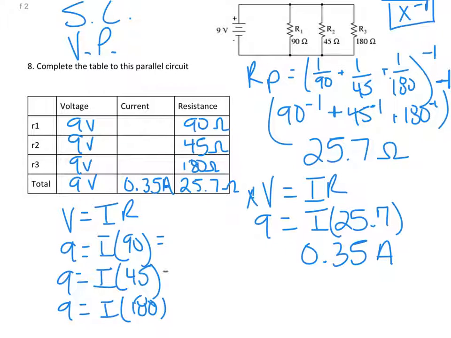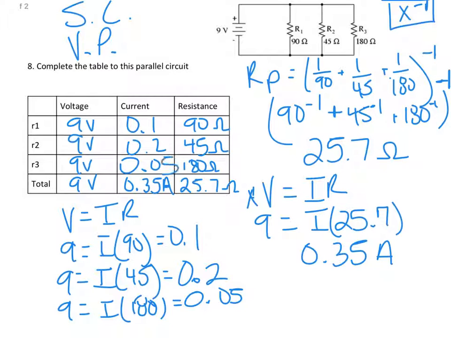So I went ahead and plugged in each of them. When you would divide 9 by 90 would give you 0.1, 9 by 45 would give you 0.2, and 9 by 180 would give you 0.05. So those are the currents for each. All right, so that's everything in our chart.